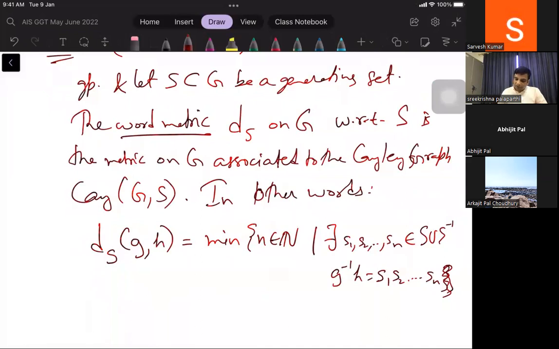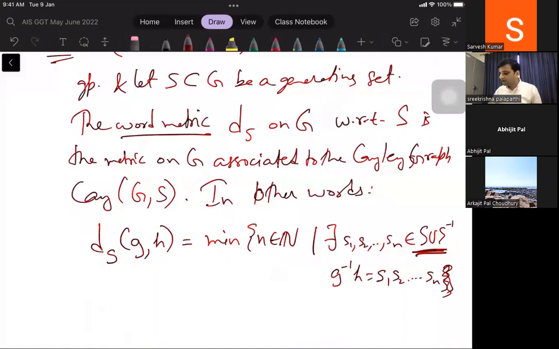Okay, so you need S union S inverse, because you should be able to have symmetry from G to H. So here you'll certainly need S union S inverse. Okay, so over there in the Cayley graph, because of the set business, we actually saw that we had a discussion that S inverse is not needed.